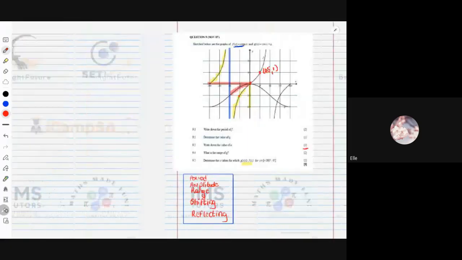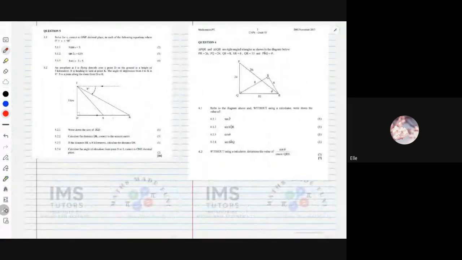We are not going to be able to finish this one, so this will be your homework. I'll send worked examples for this. This will also be your homework.